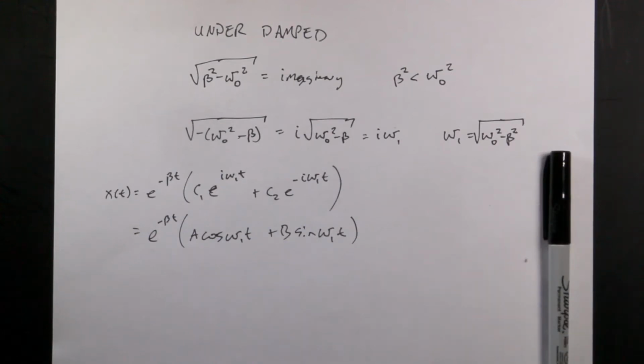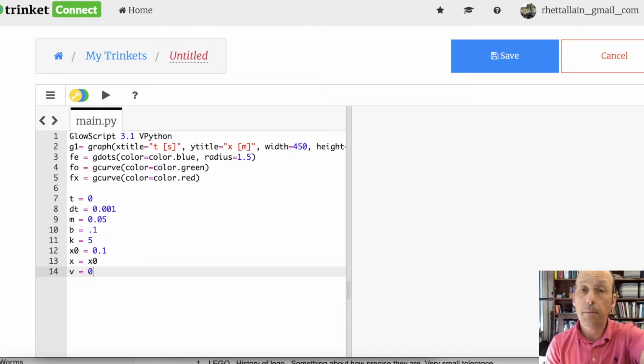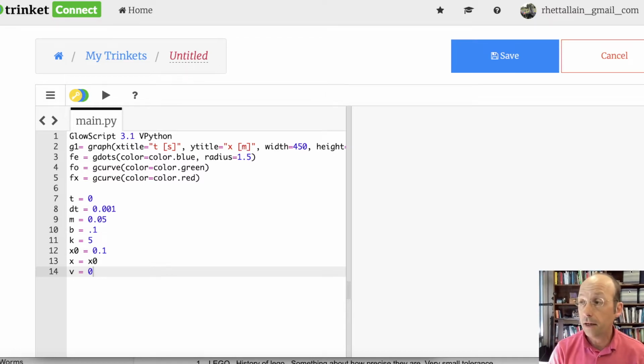I actually got a slight head start on this, and I apologize. I just didn't want to waste time typing in stuff. So here we are in Python. I'm using GlowScript VPython in trinket.io, and this allows me to make a graph and do some calculations. I've already made 3 graphs that I'm going to plot.